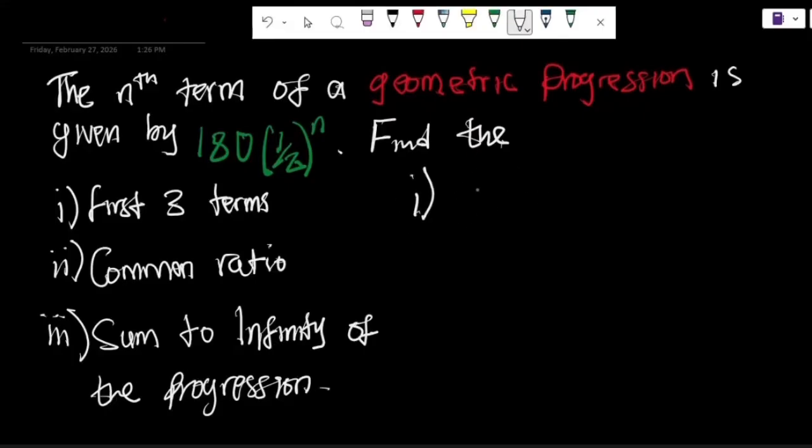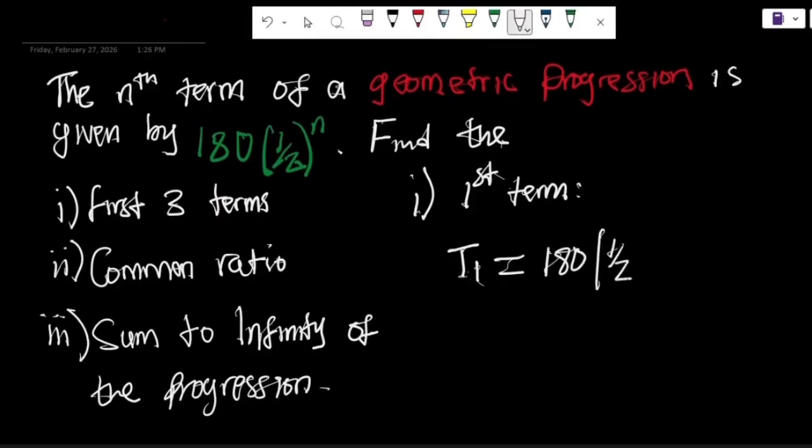So the first term is going to be this n, which is the first term. Here we have 180, and then we have half.